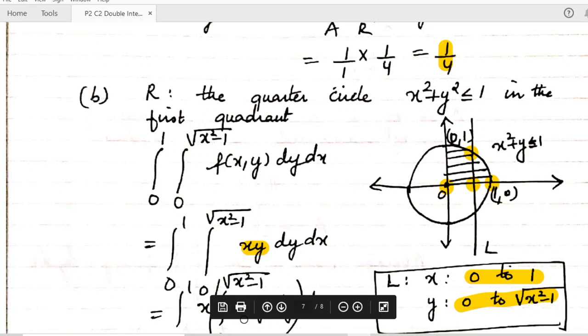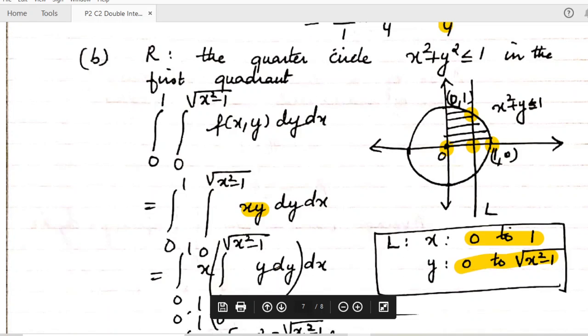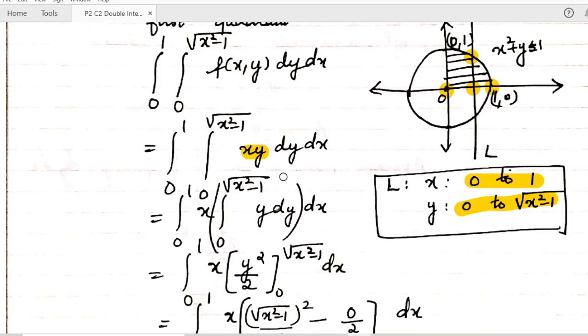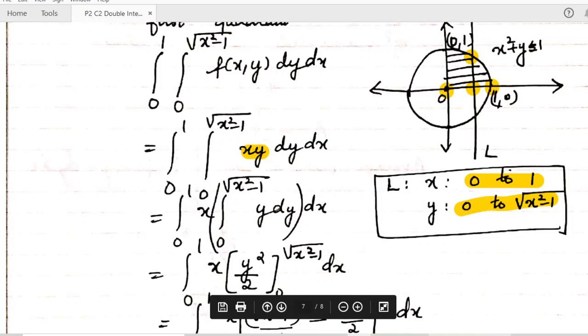So we get integral 0 to 1, integral 0 to root of x square minus 1, xy dy dx. So integral 0 to 1, x into integral 0 to root of x square minus 1 of y dy dx.